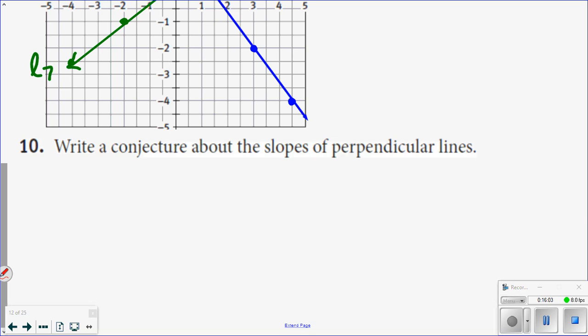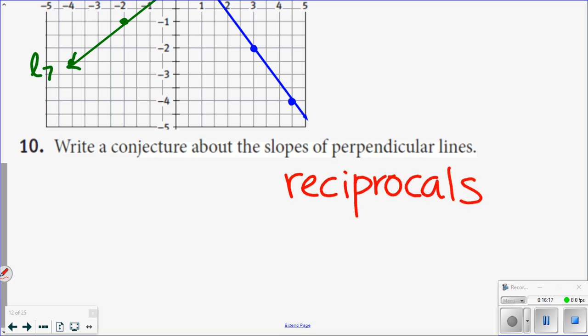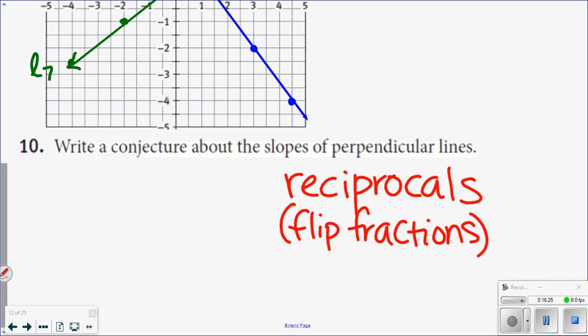One has a 4 in the top, one has a 4 in the bottom, and vice versa. We call those reciprocals, which means the fractions are flipped. The numerator and the denominator switch places.